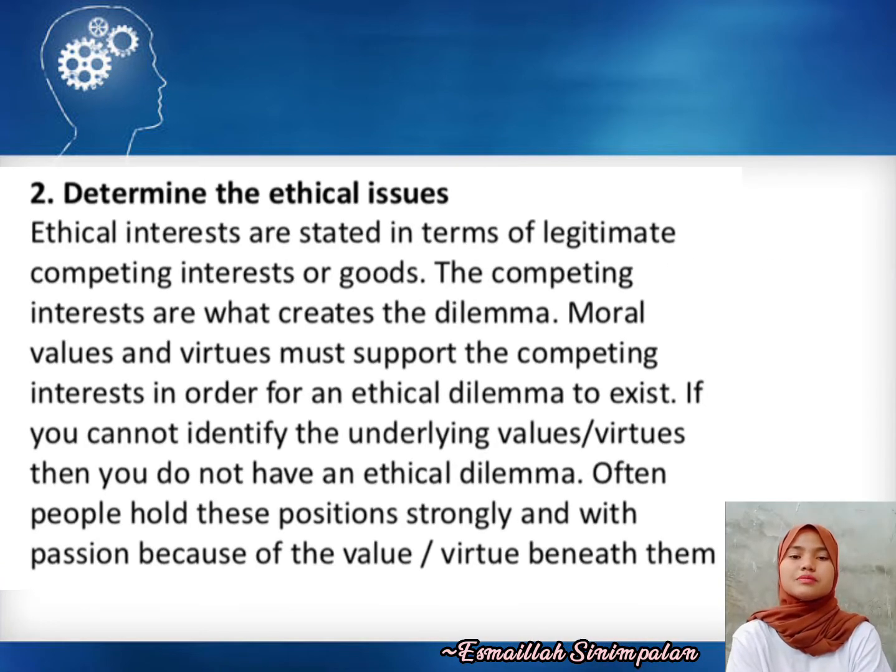The second step is determine the ethical issues. For example, the trigger event is identifying and setting up the ethical problem. Every ethical problem has more than one component, and not every component involves an ethical decision.